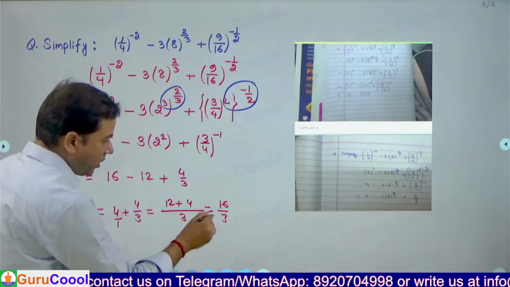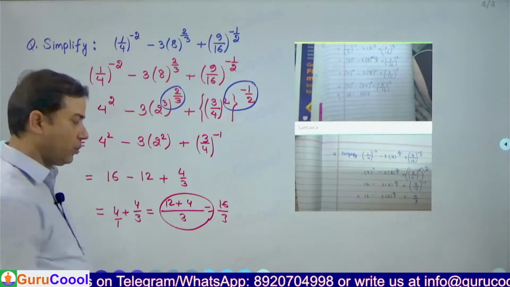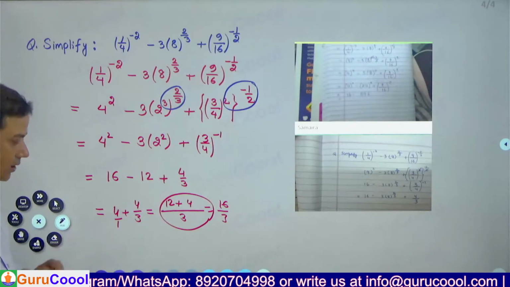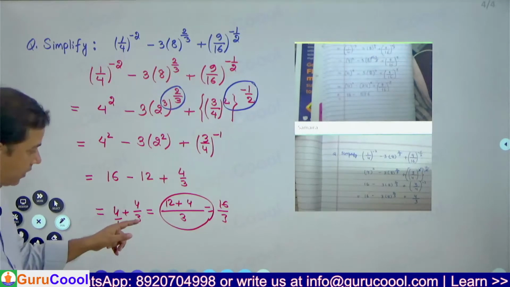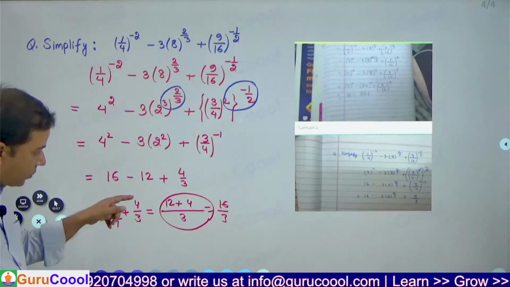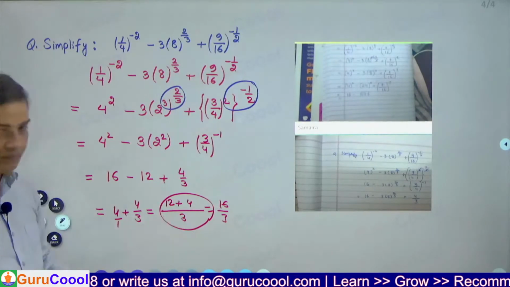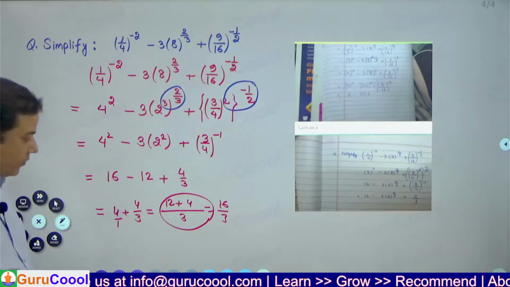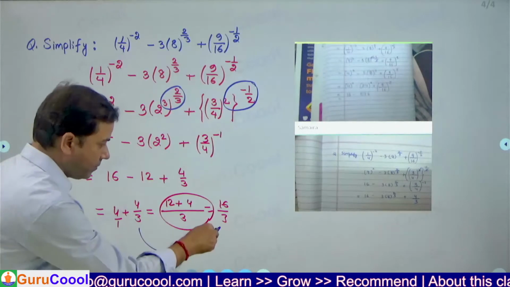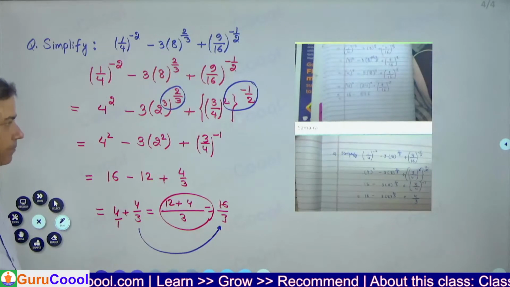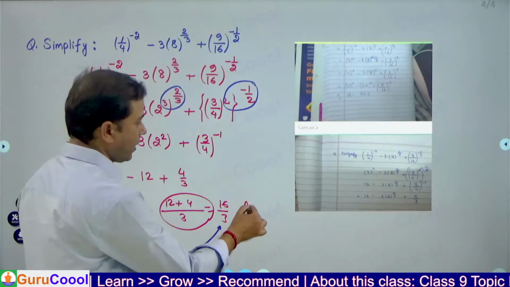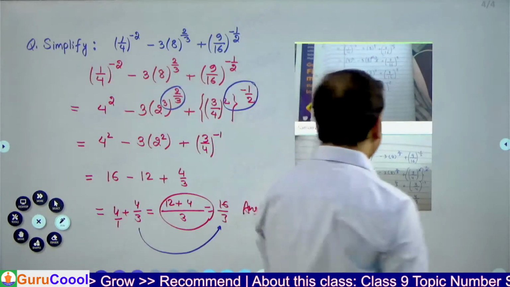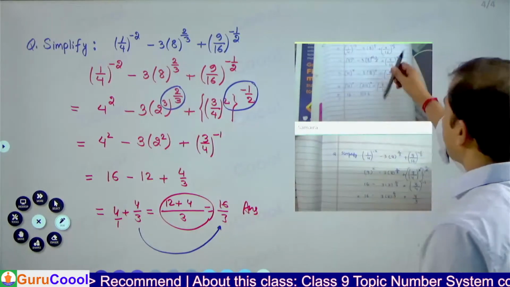You want to involve an extra step, it's your choice. But I taught you the shortcut. 3 4s are 12, plus 4, 16 by 3. You can directly reach from here to here. Done.